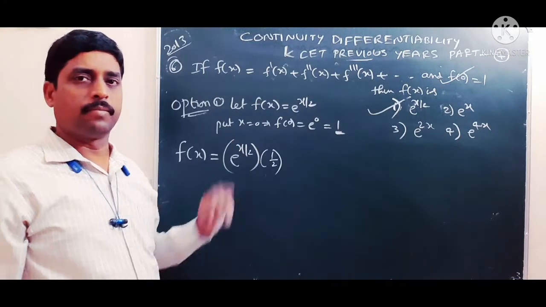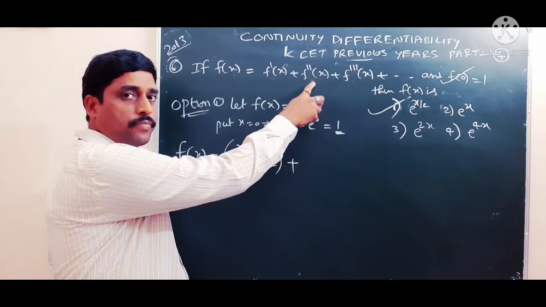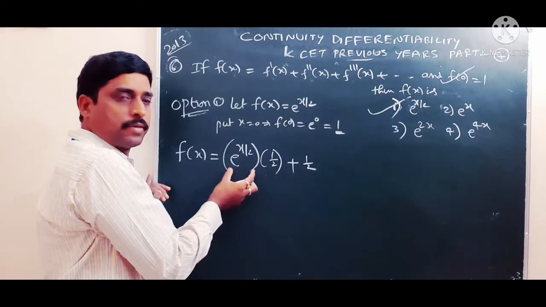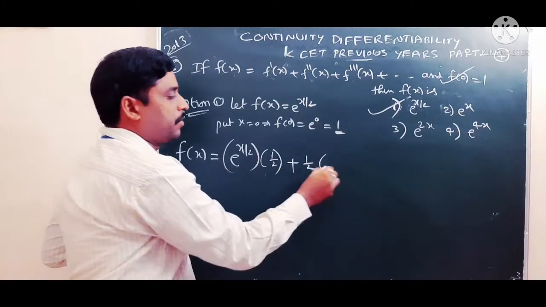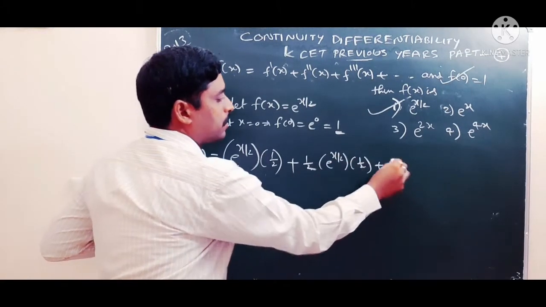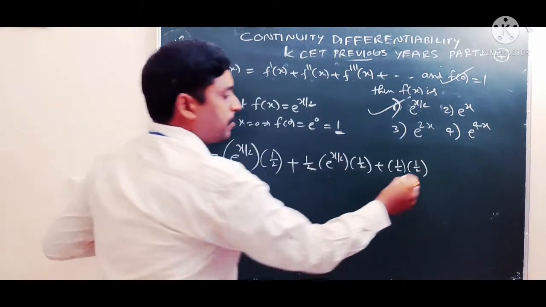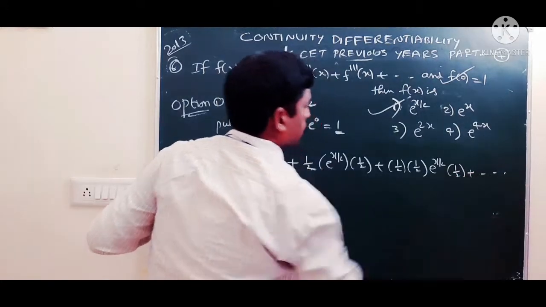The derivative of x by 2 is 1 by 2, and plus f double dash x, which is again e to the power x by 2 into 1 by 2 into 1 by 2, and so on.